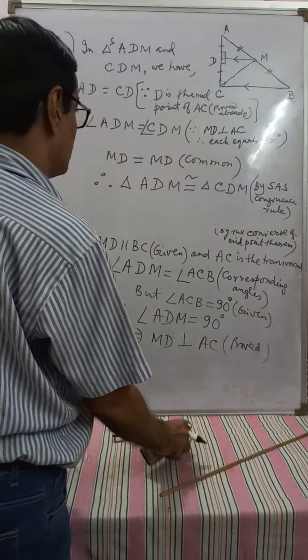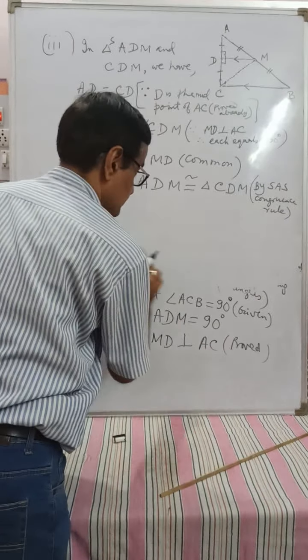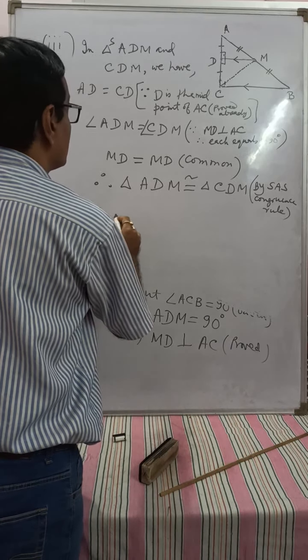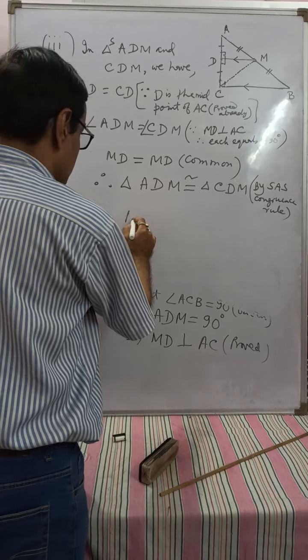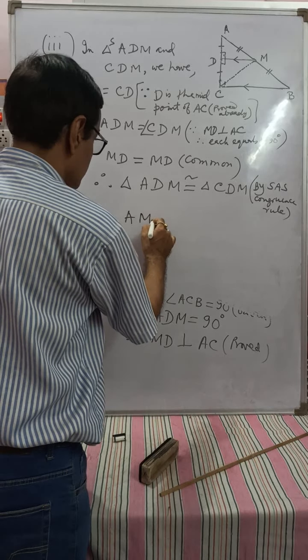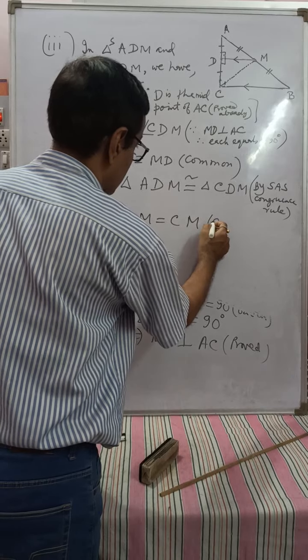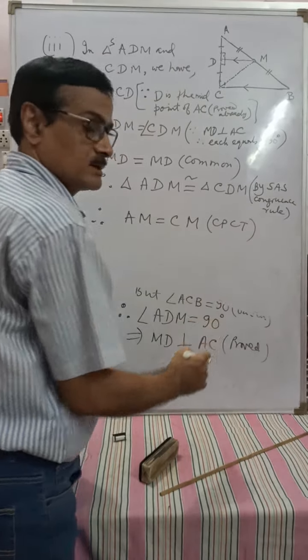And when they are congruent, by CPCT we can say, therefore AM is equal to CM. AM and CM are equal by CPCT.